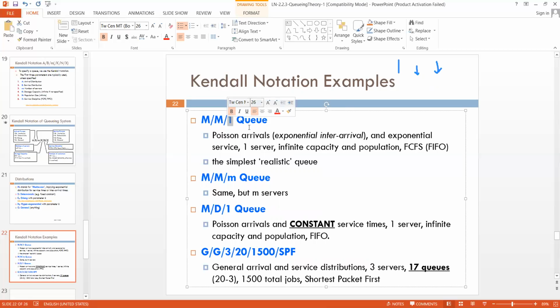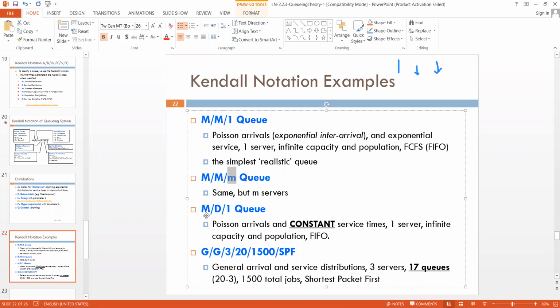Then over here we have one server, the number of servers. So we have just one server. And of course, because the rest have not been stated, we are talking about the system having infinite capacity and population, and we assume that it is a first in, first out scenario, which is the simplest realistic queue. Then we could also have M/M/m here, same process, M arrival, M service, and then m here is the number of servers.